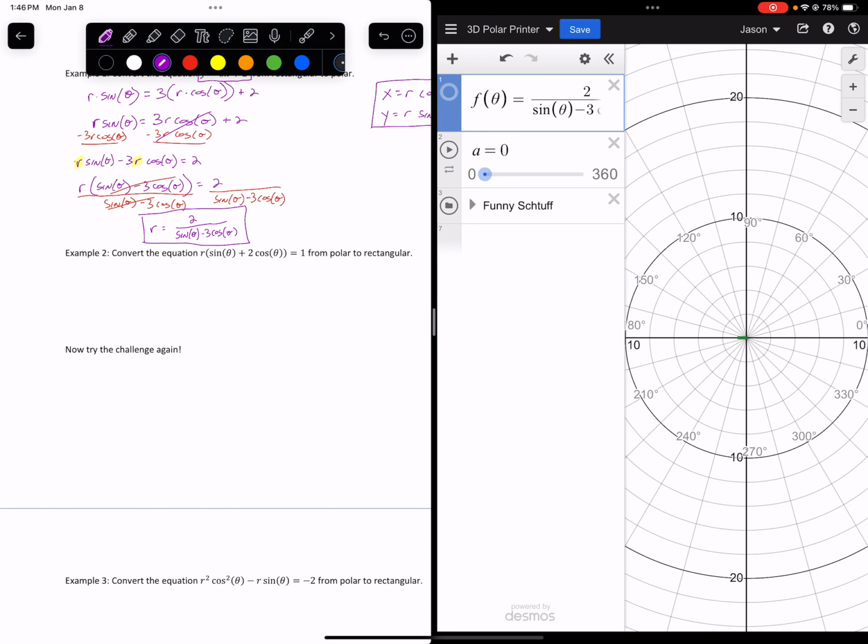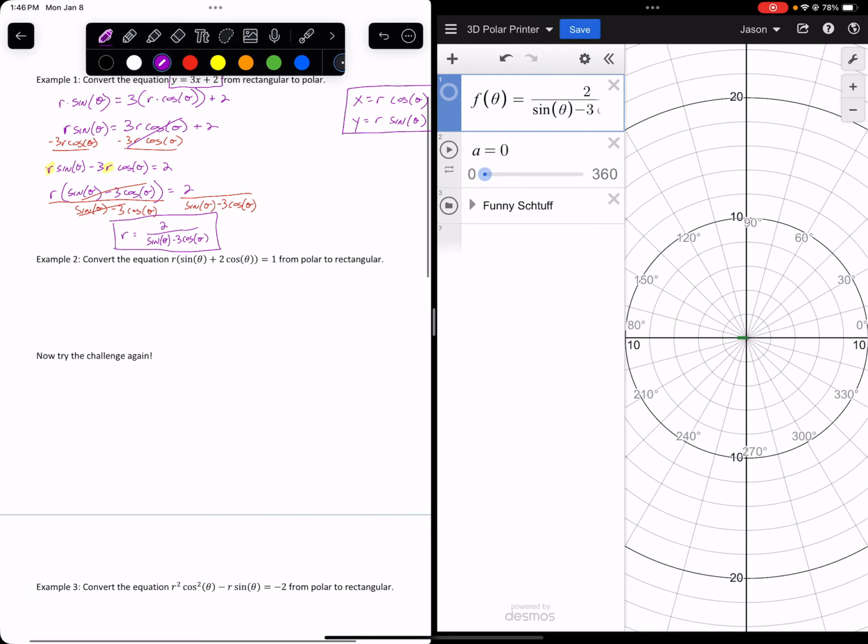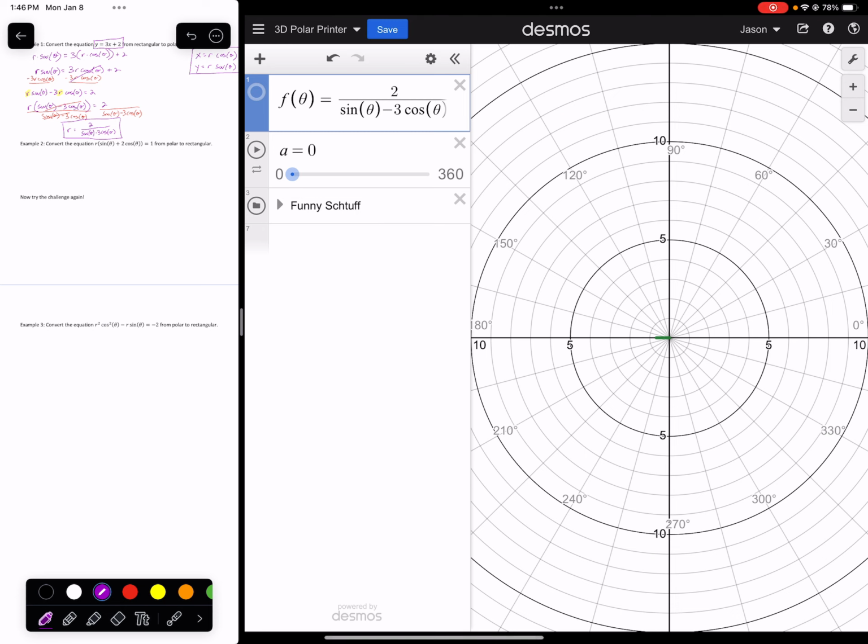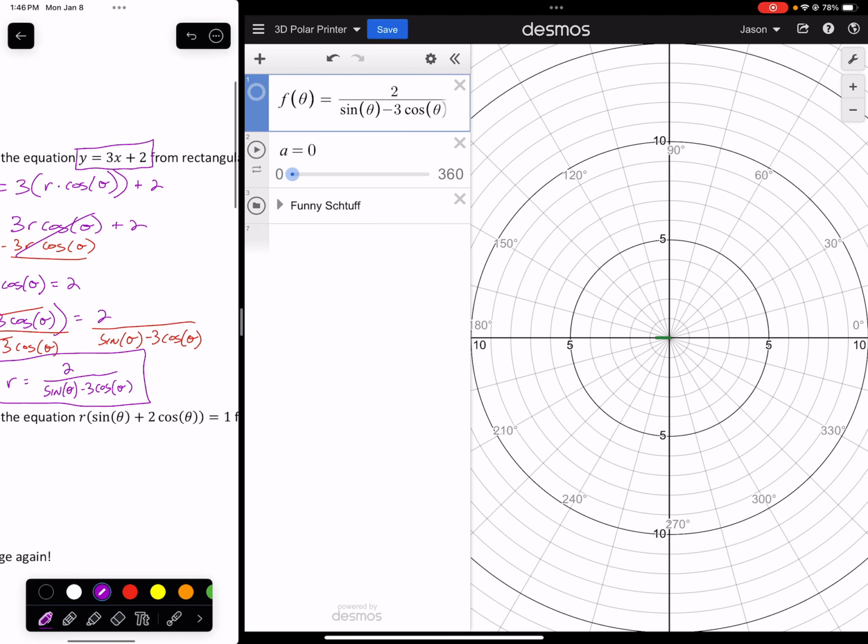Now we can take a look at what this looks like. We know it was supposed to be the line 3x plus 2. So let's see when we graph it. There it is. There's our line 3x plus 2. That has a slope of 3 and a y-intercept of 2.